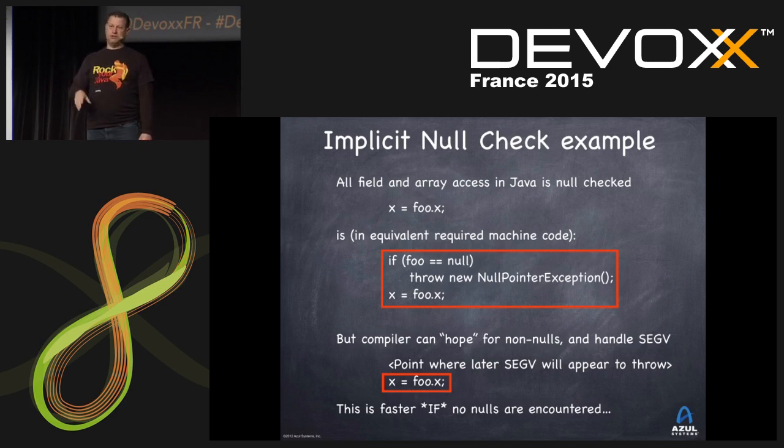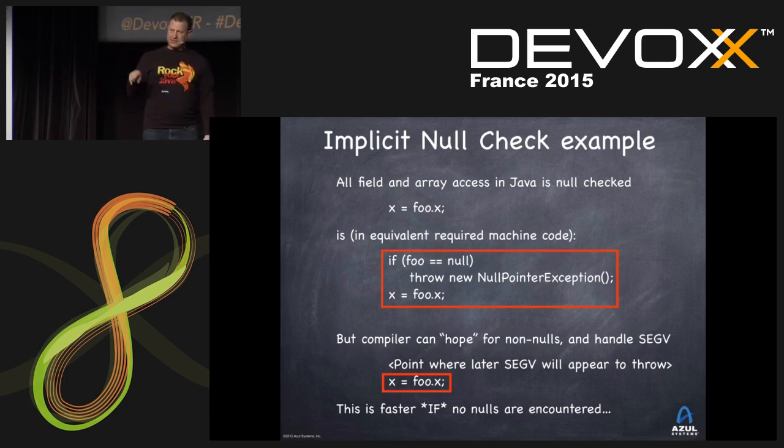You take a virtual memory trap, you switch over to the kernel, it builds a segv, you go handle the segv, you run this much code that is not actually very well optimized, and then you finish. So if you run into a piece of code that does this a lot, what you want to do is throw away the optimization, put the null check in, because you'll actually run faster with it, because throwing the exception is much faster than going through all that segv handling. So it depends on whether this happens a lot or not. And applying the optimization is speculative on it not happening a lot.